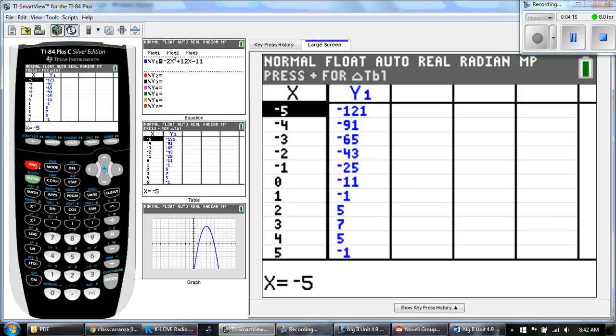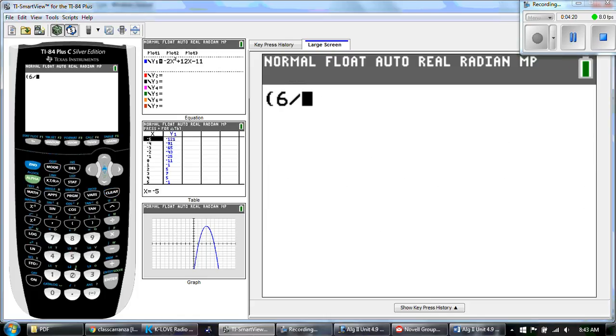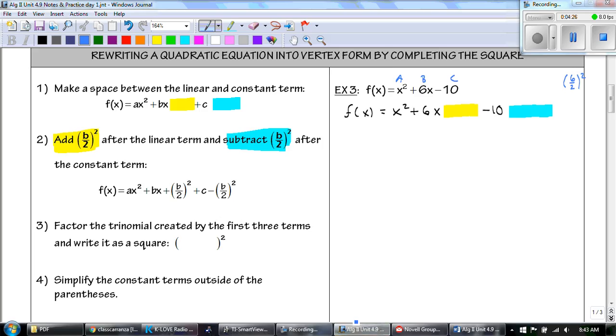If you don't know that, you can just plug it into your calculator. As long as you're plugging it in correctly, it'll come out. But most of these you should be able to do in your head. So I'm going to add 9, and then subtract 9. That was step number 2.